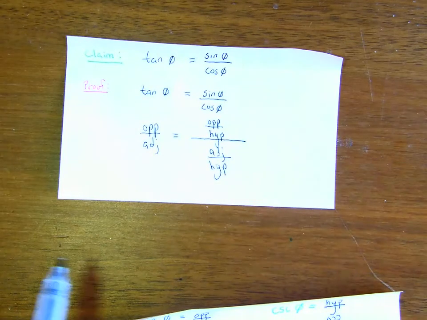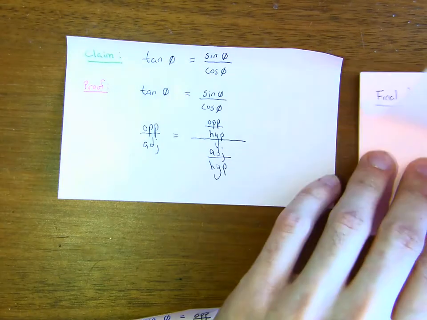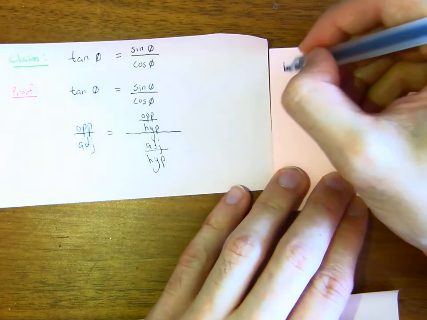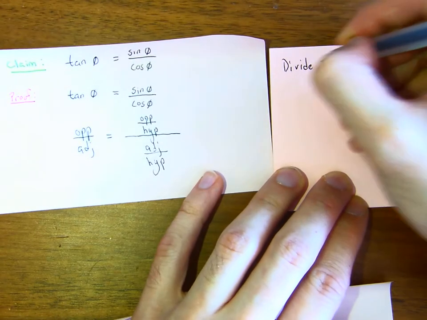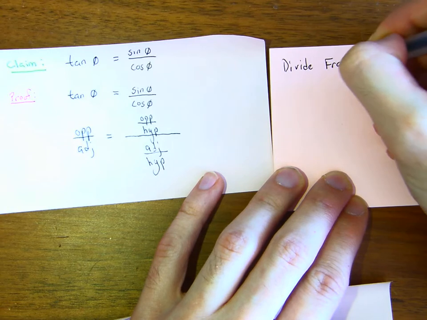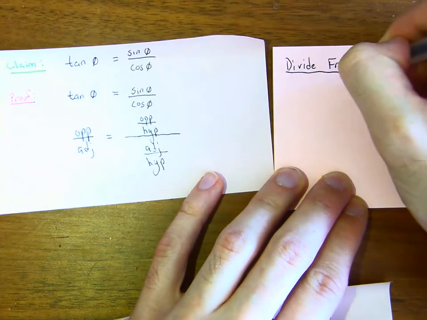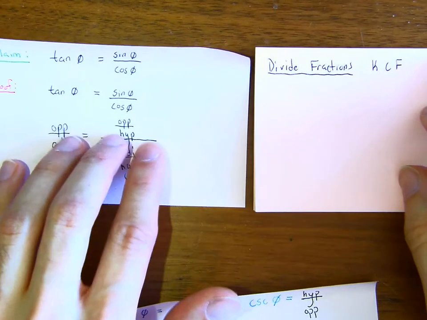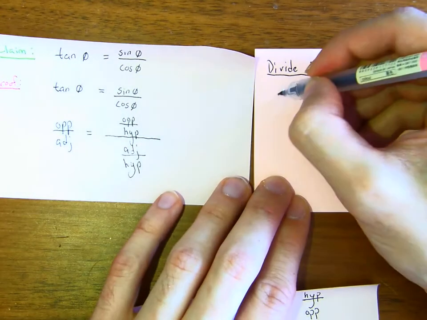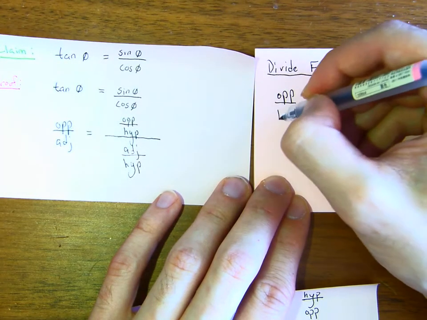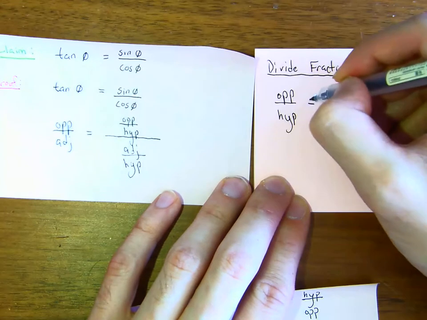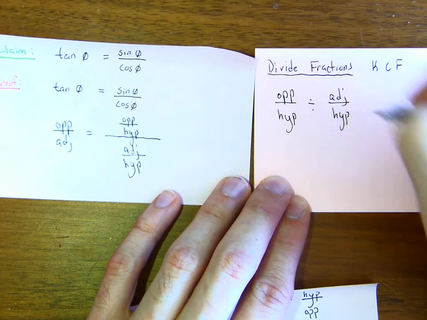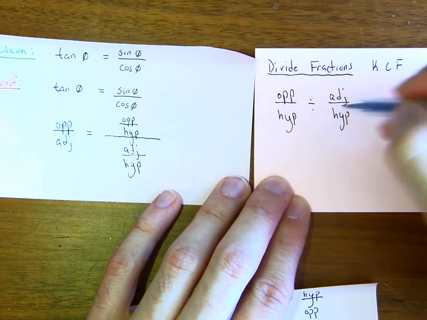So how do we actually continue this forward? How do you divide fractions? Notice we have to do keep, change, flip. So if we have opposite over hypotenuse divided by adjacent over hypotenuse, how do you actually do this?